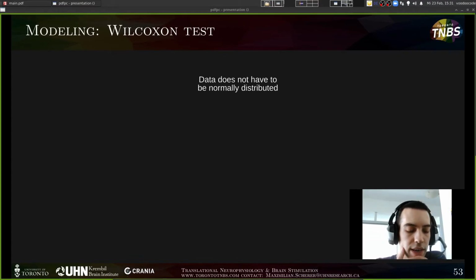Then you could theoretically argue that since my score is limited to 0 to 10, it can't be negative and stuff like that, so my data cannot be normally distributed, although that wouldn't be the strongest example. It could also be that you have multiple peaks in your data, making your data not normally distributed. And in those cases, you can use the Wilcoxon test.